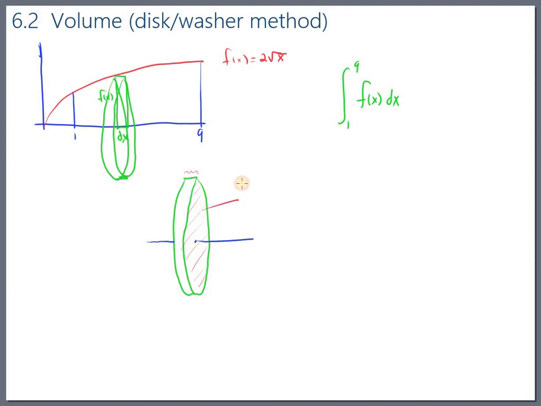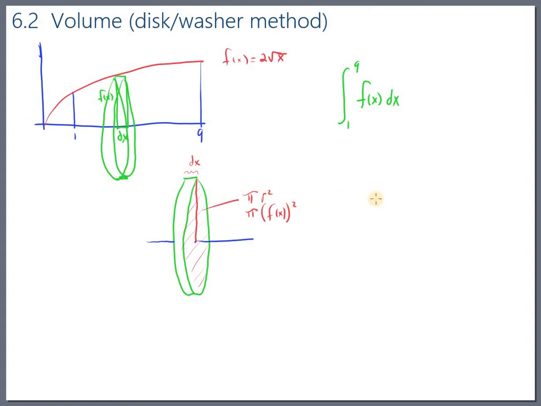So the area of this part, it's a circle. So that's going to be pi r squared. And I should point out that the radius, the r of this, is just the function value. So it's pi f of x squared. And then the thickness of this disk is still dx.